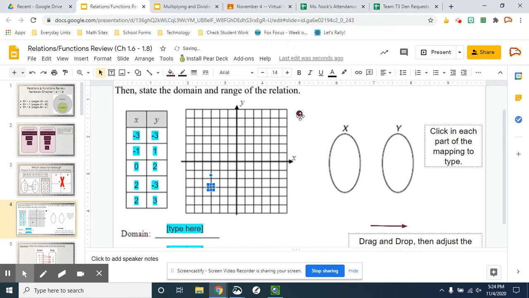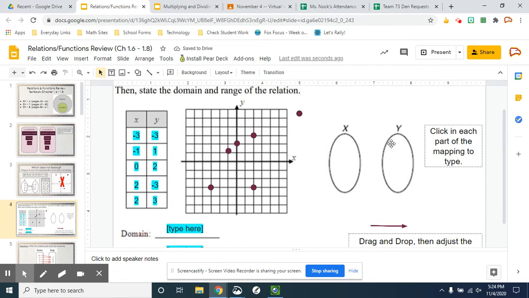There we go. And now we have -1, 1, 0, 2, 2, -3, and 2, 3.